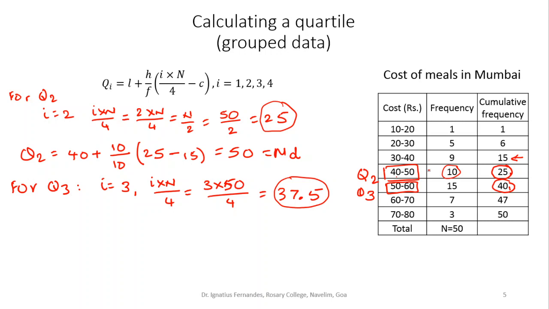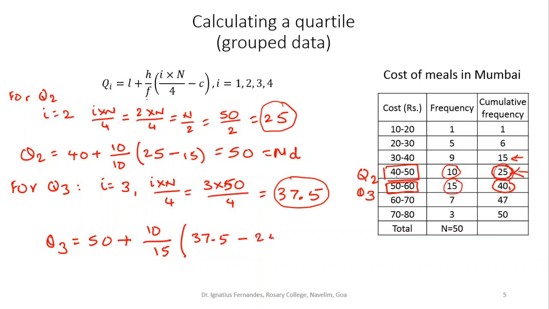Once you have identified the class, I substitute these things in the formula. So Q3 is, the lower limit is 50, plus class size is 10, the frequency of that class is 15, into, now this i into n upon 4 we have found out to be 37.5, minus C. What is C here? The cumulative frequency of the preceding class, that is 25 here.